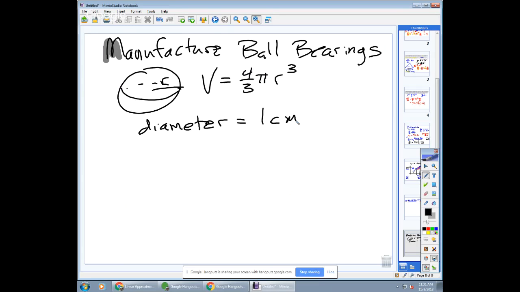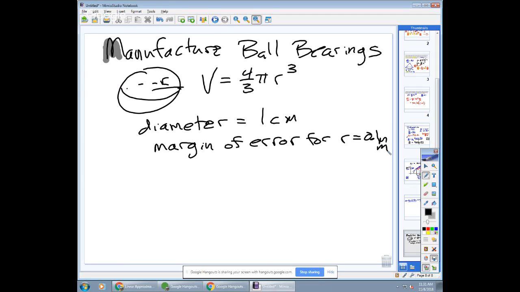Now, bottom line is when you make multiple things, as hard as you try to make them all identical, they're never going to be identical. There's always going to be a little bit of variation going on due to machinery, due to human work. So there's going to be a margin of error here. So let's just say that the margin of error on the radius is 1/10 of a millimeter.